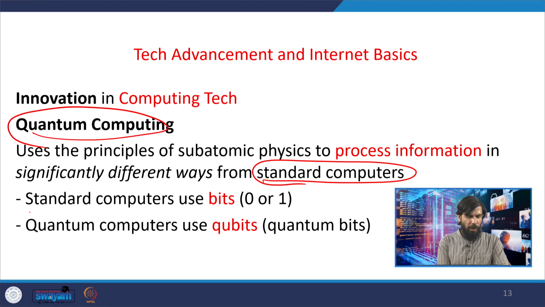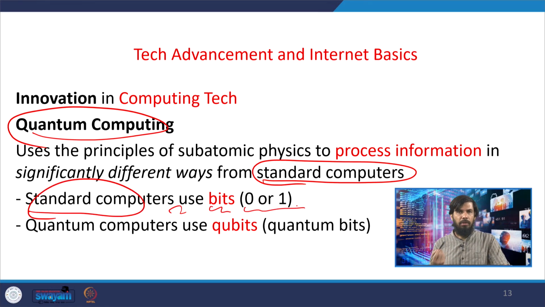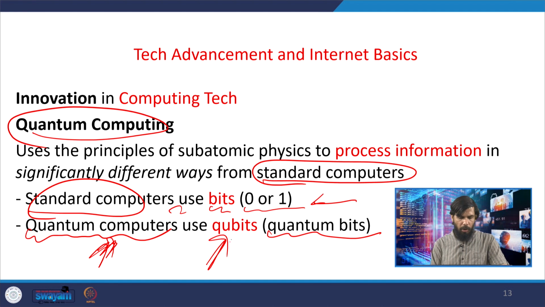Standard computers use bits, that means 2 states, 0 or 1. That is something we have discussed in one of the modules. Now what is the change in the case of quantum computers? Quantum computers use qubits, or quantum bits. How are qubits different from bits?